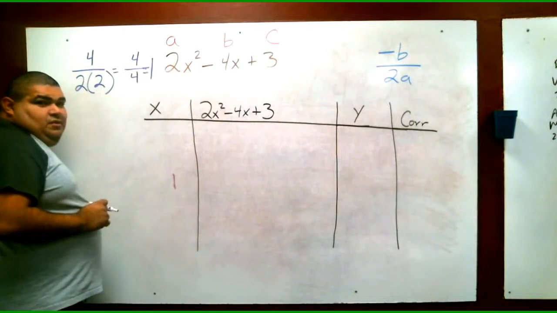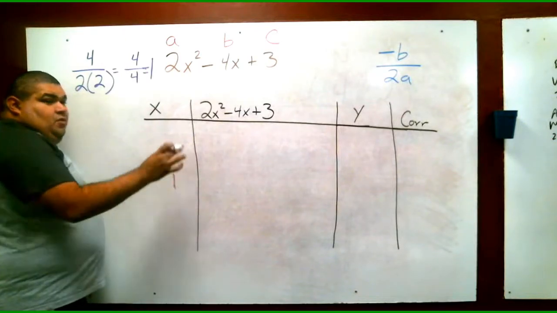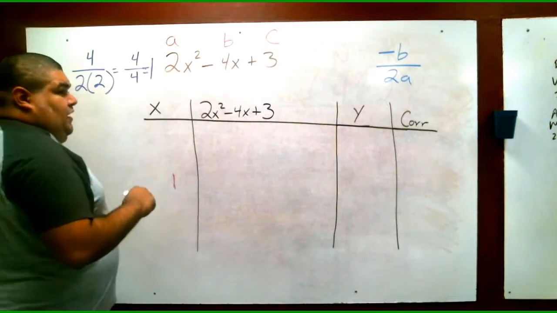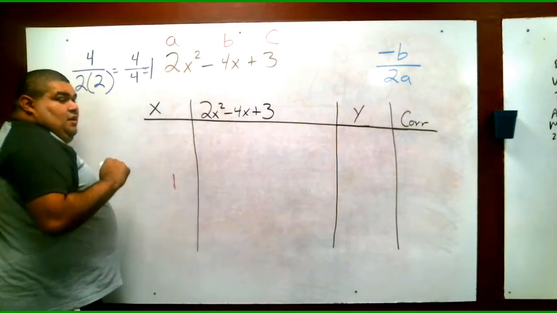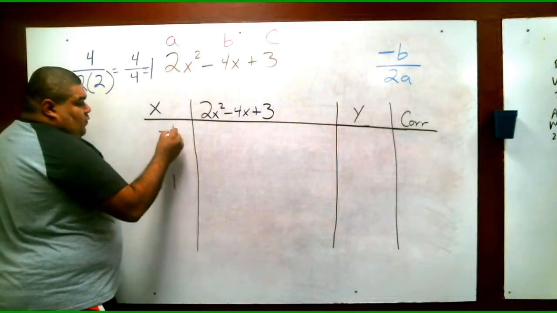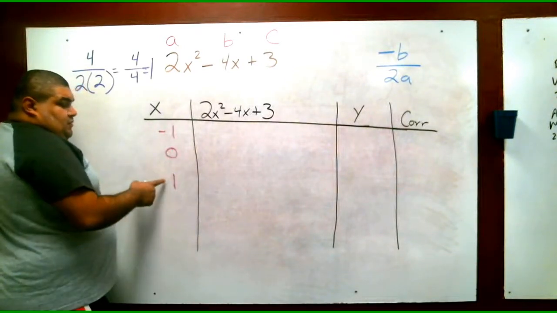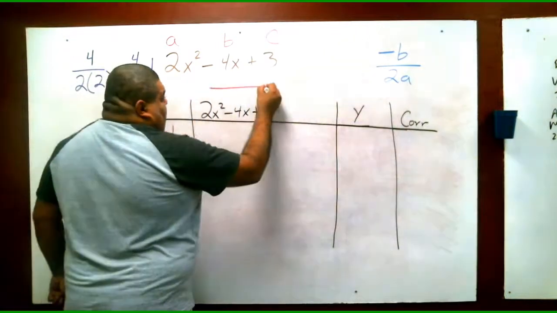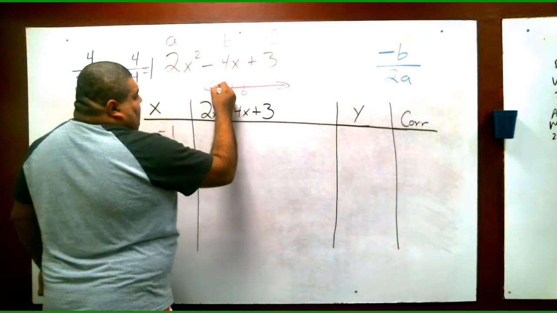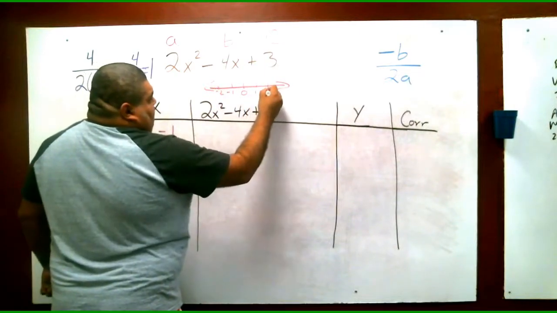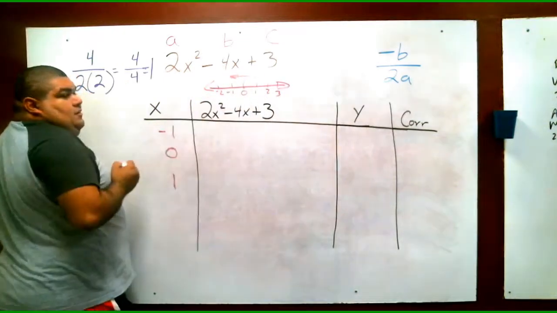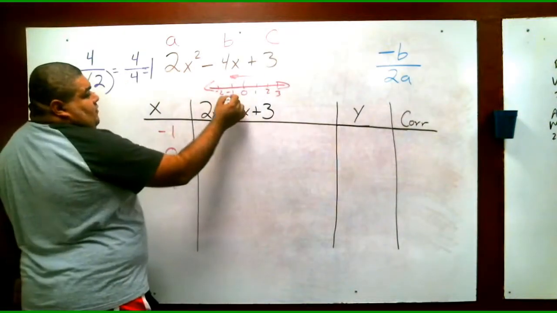For 1, if you go to the left on a number line, you get 0 and negative 1. Here's your number line. You have 0 in the middle, you have negative 1, negative 2, 1, 2, and 3. So if you go left from 1, you have 0, negative 1.